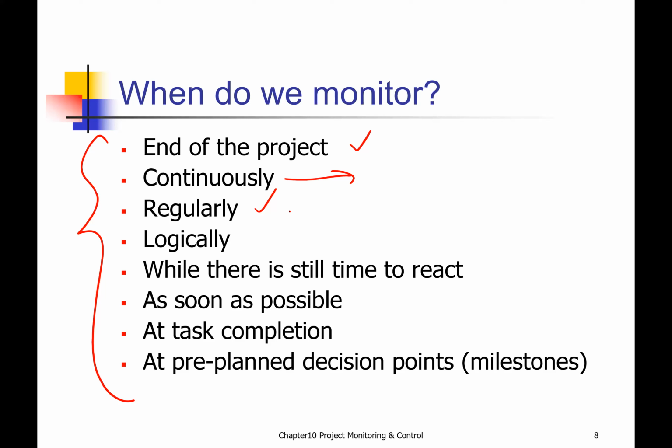In order to plot the curve, let's say monthly, for sure you need to have a regular update. Logically, you might not want to monitor everything at one go, because sometimes it is too much work.